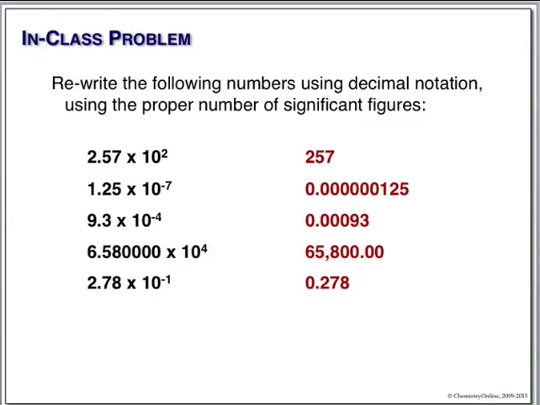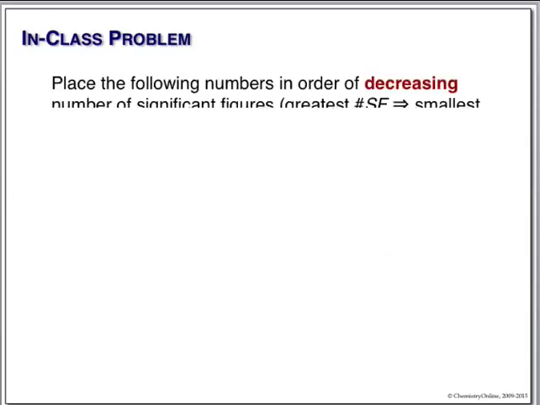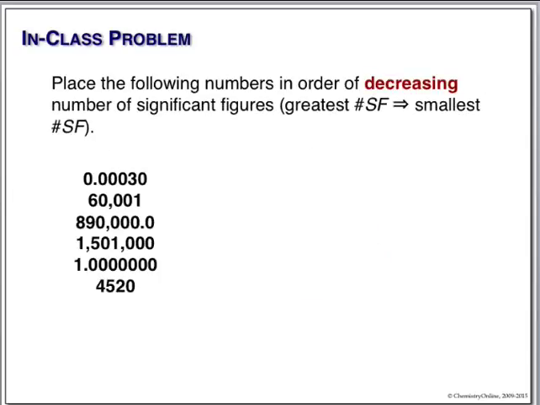Now, you know, you can put these things like this on exams and whatever, and that's boring. This is more fun. Here's a bunch of numbers. Arrange these in order of decreasing number of significant figures.